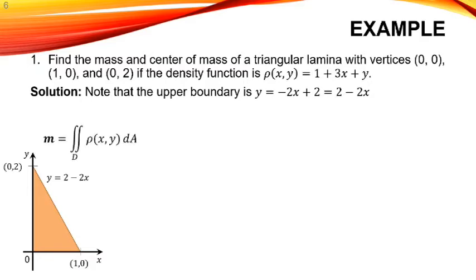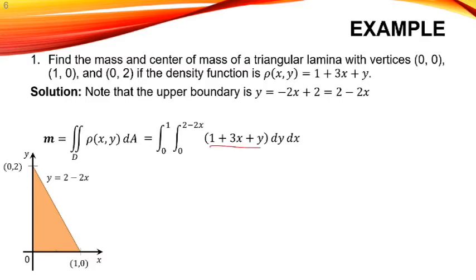So the mass can be solved by getting the double integral of the density function times dA over the region D. So it is the double integral of 1 plus 3x plus y, so that this is the density function, times dA is dy dx.